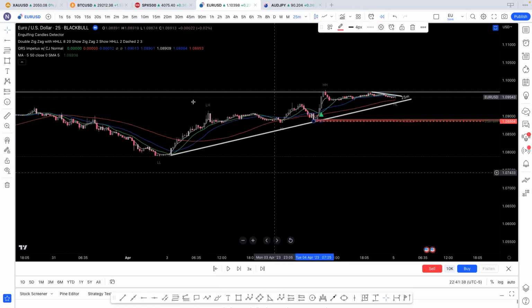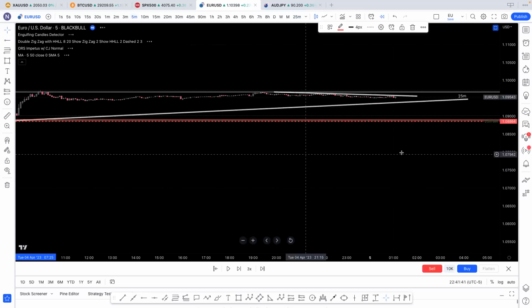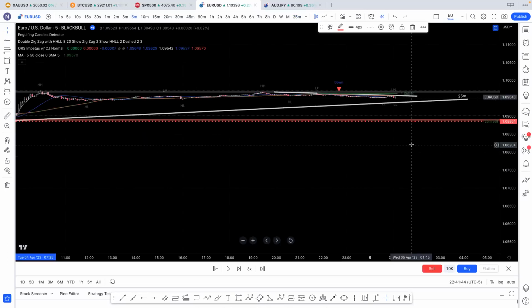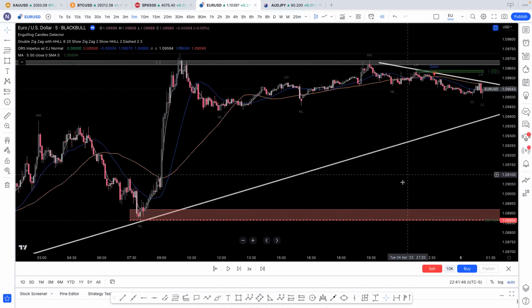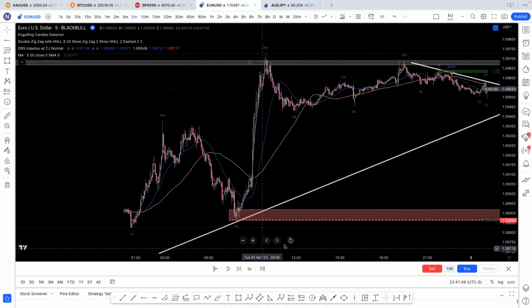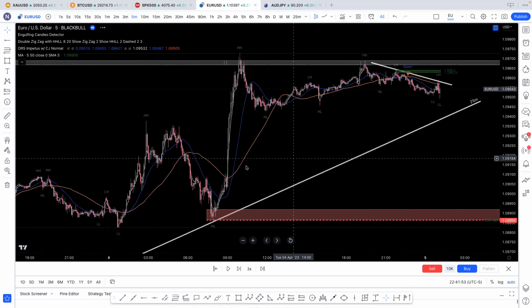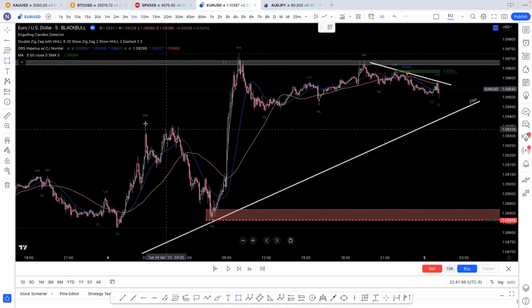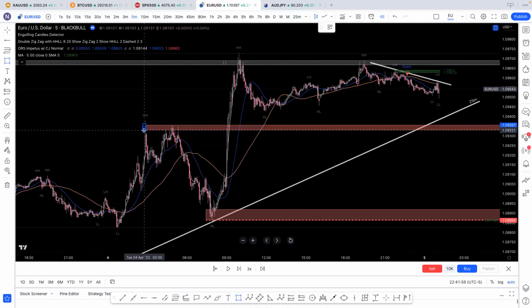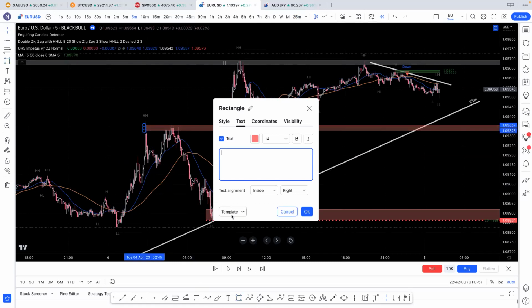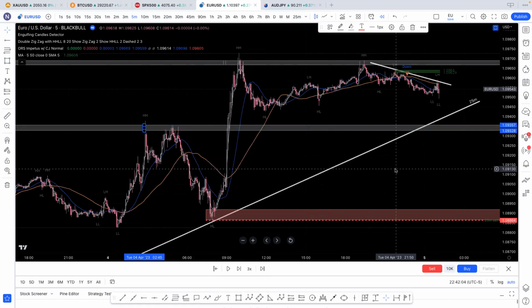All right, so now I'm going to go back down to the 5 minutes to continue marking up some zones here, so I can have some areas to be cautious of. All right, so what I'm looking at is this particular high that was made.